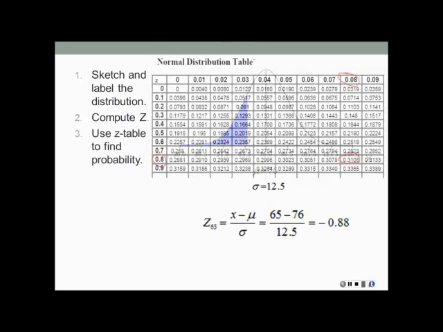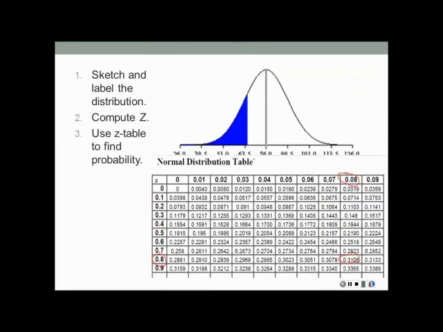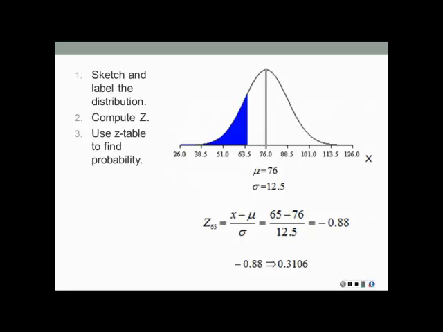So now we're going to use the z-table to find that probability. I've got 0.8 and then 8 over here, so 0.88, and so the probability is 0.3106. Now remember, that probability is from the mean to here, to 65.